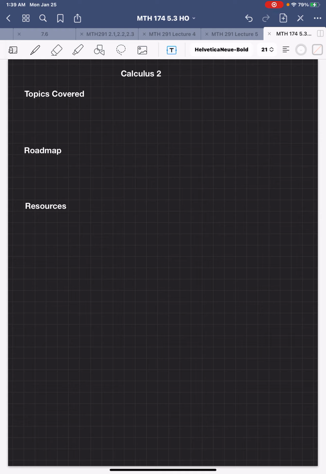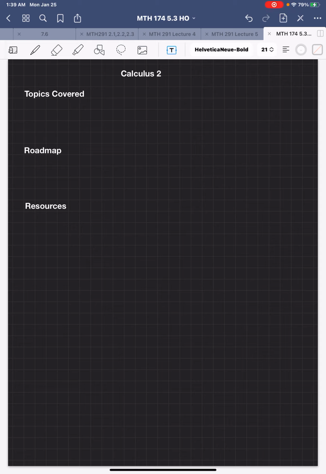However, given some of the scheduling conflicts and the things we've had to endure with the crisis, I'm going to begin Calculus 2 towards the middle of Chapter 5. So we're going to begin at Chapter 5, Section 3, which I'll talk about in just a little bit.